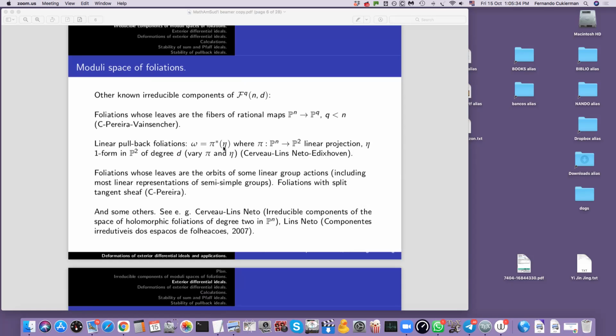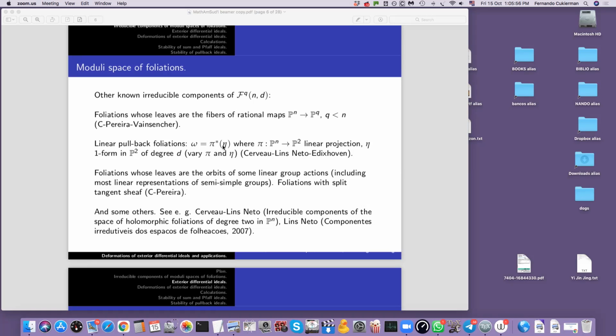We pull back eta by pi, and now we vary pi and eta, both of them, okay? It's easy to see that for any pi and for any eta, this pullback omega is integrable, okay?